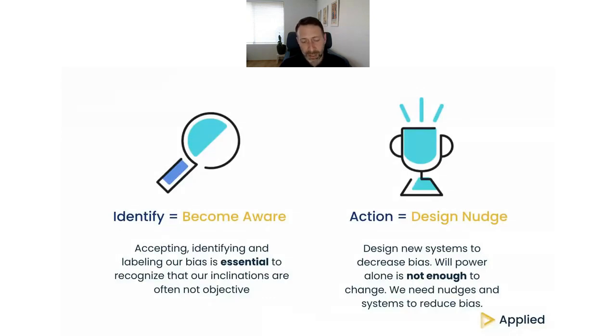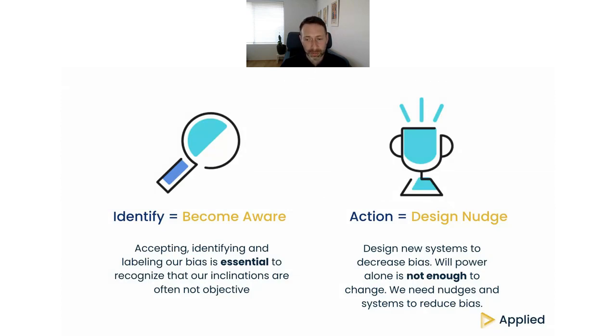We have a whole webinar that takes a deep dive into the research on unconscious bias training, for example. And the research shows that at best, they're good for awareness. At worst, they can be counterproductive. But either way, they don't really change people's behaviors. And so we adopt the philosophy of designing systems to decrease the bias, because willpower alone and best good intentions are not enough to hold back these biases.